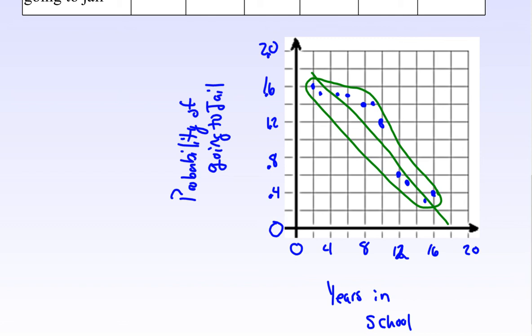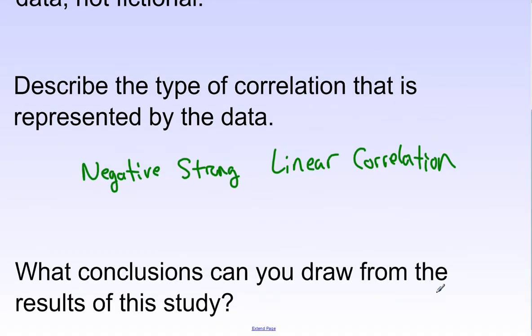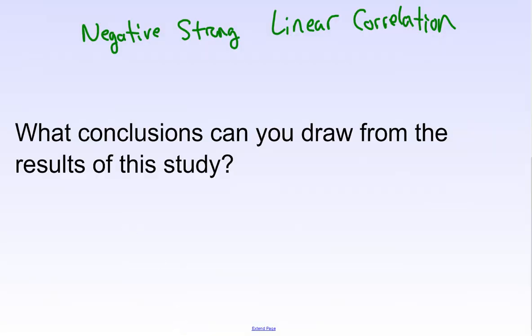So this appears to mean that the more you go to school, as your schooling increases, your probability of going to jail decreases. Look, a little bit of school, high chance of going to jail. A lot of school, low chance of going to jail. So the more schooling you get, the less probability that you'll go to jail at some point in your life.